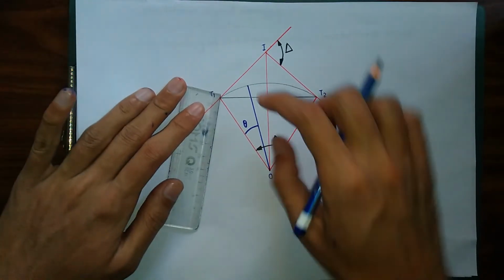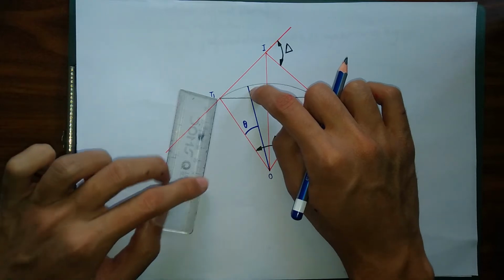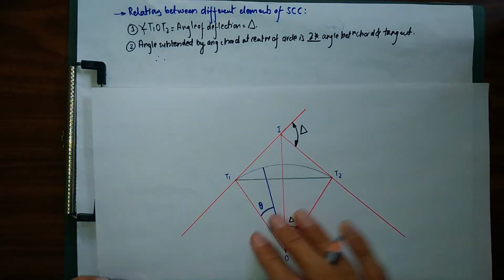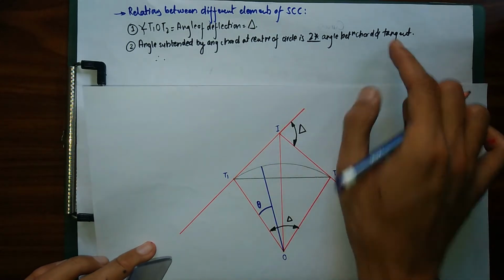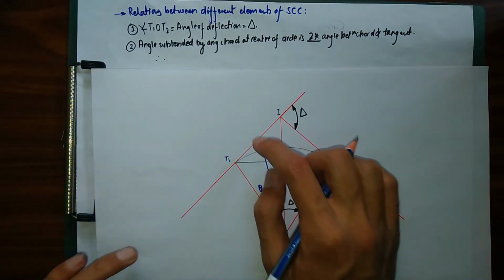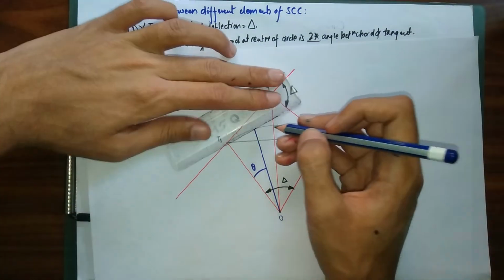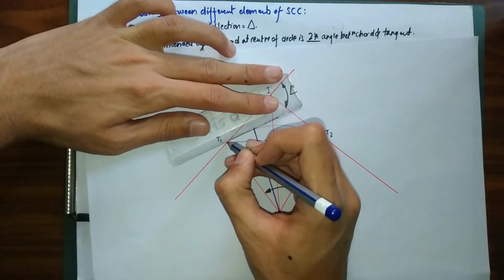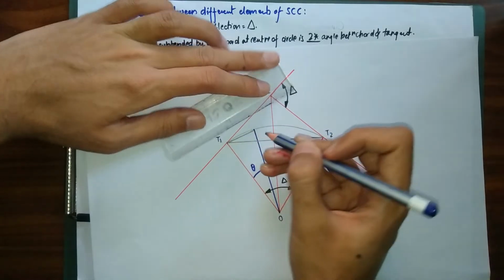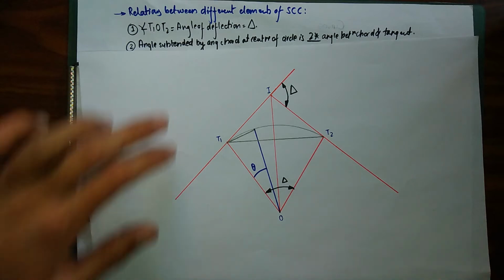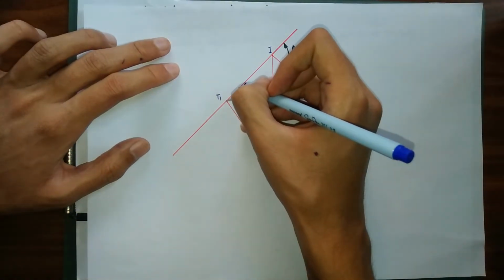This is my chord, and next I need the angle between the chord and the tangent. So this is my tangent and this is my chord. Let me draw another line in this way, and let me mark this angle as delta.